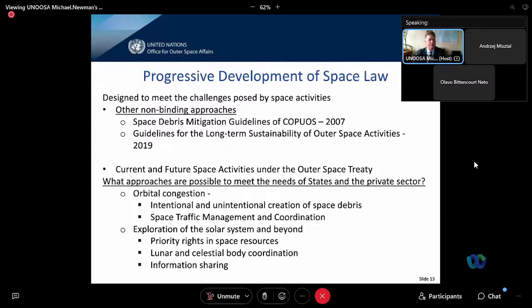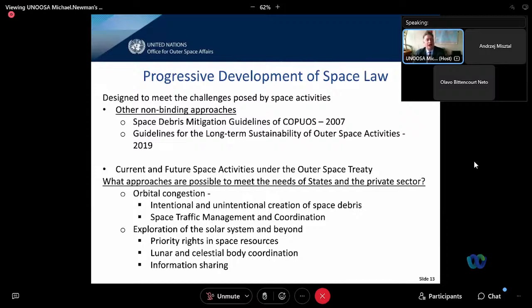And so the question is, how do we understand the beginnings of potential space traffic management and coordination? How do we deal with potentially intentional or even unintentional creation of more space debris, collisions, collision avoidance? How do we go about handling these things as an international community, and what is available possibly to states?